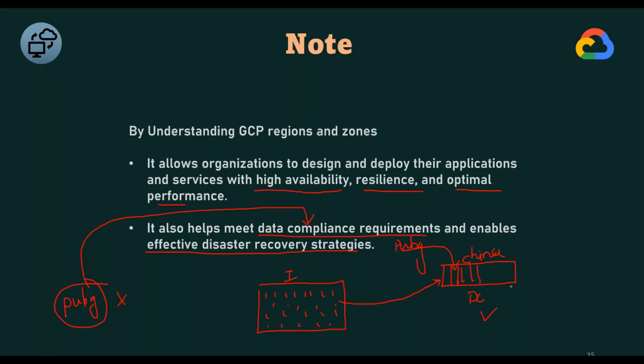So what they have done, the PUBG owners, they have taken one of the locations in India, in Mumbai, and deployed their application in a Mumbai data center. They took one of the data centers on lease and deployed the PUBG application. Now it becomes PUBG India because it was deployed in the Indian data centers.